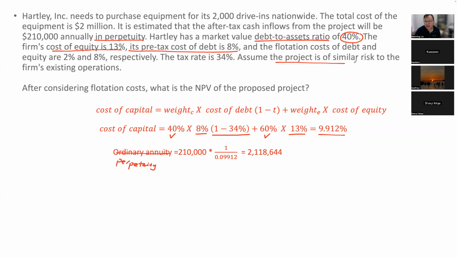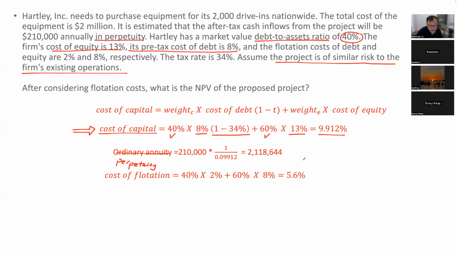Because the project is of similar risk to the firm's existing operations, so the firm's cost of capital is 9.912% because the risk is similar. Therefore, for that specific project, the expected return is also 9.912%. So I calculated that the perpetuity equals $2,118,644.